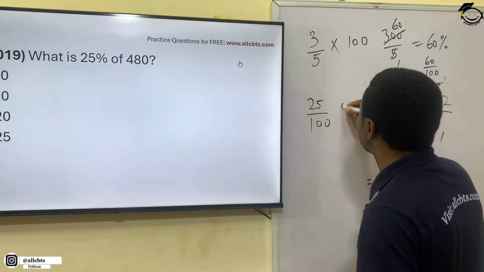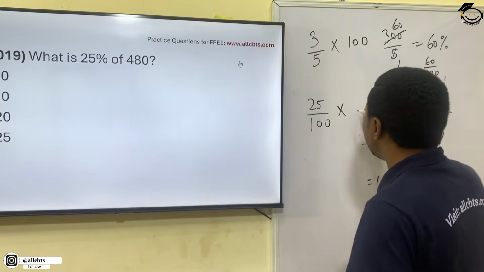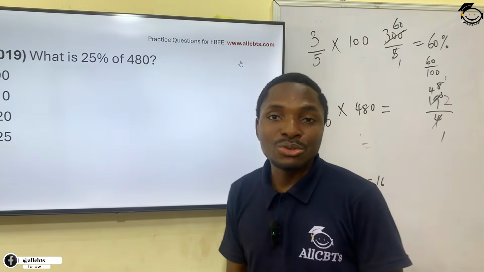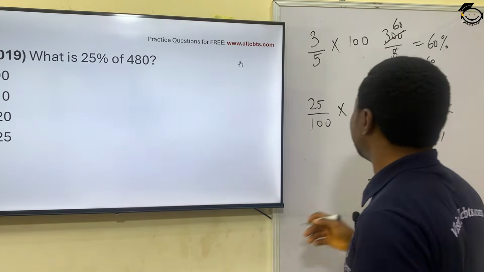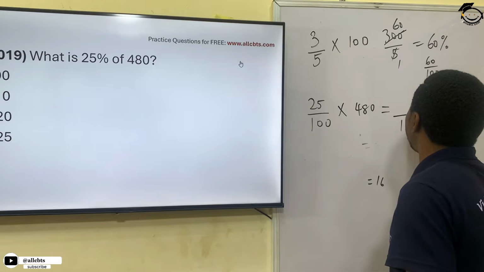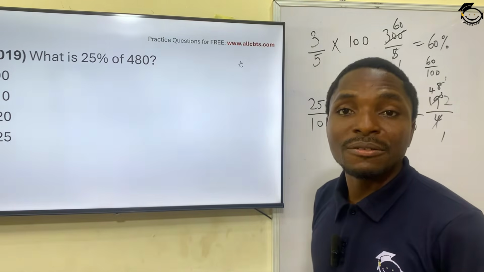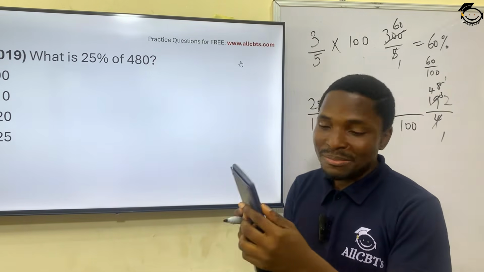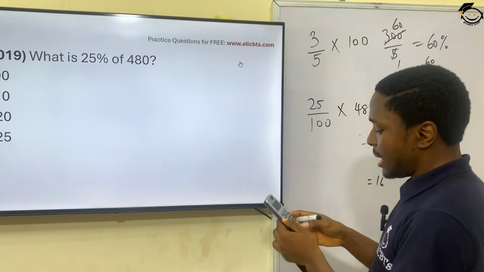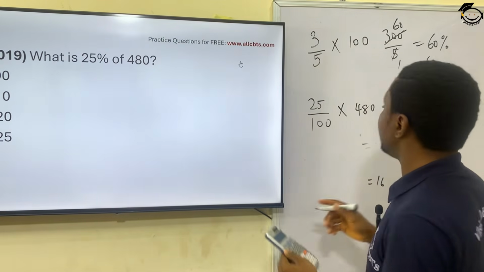So 25% of 480. You multiply both together and divide by 100. For the sake of time, I will just use my calculator here. So that's 25 times 480 equals to what?